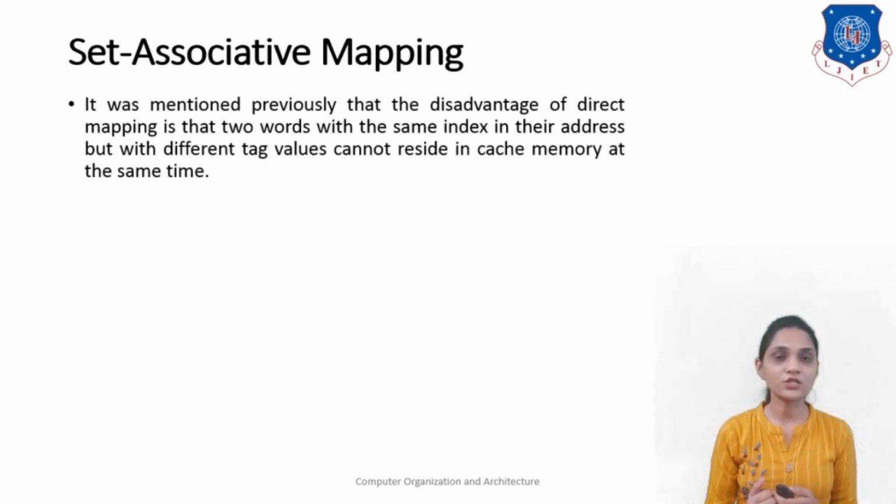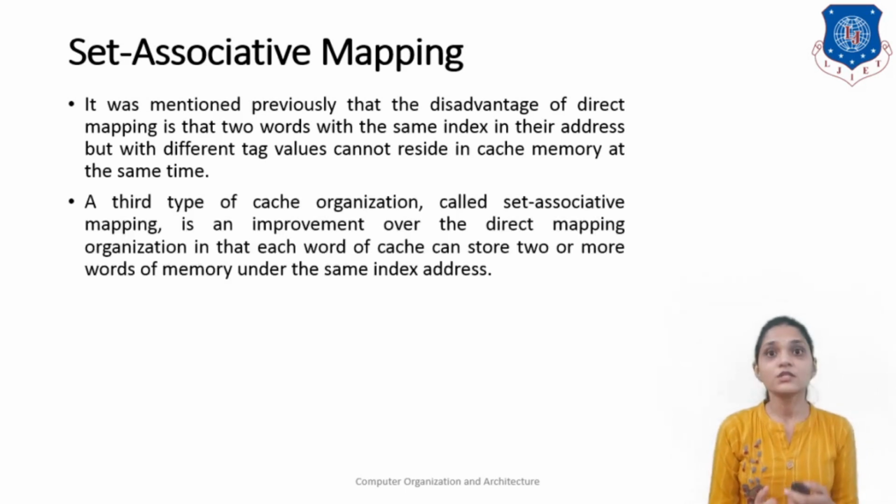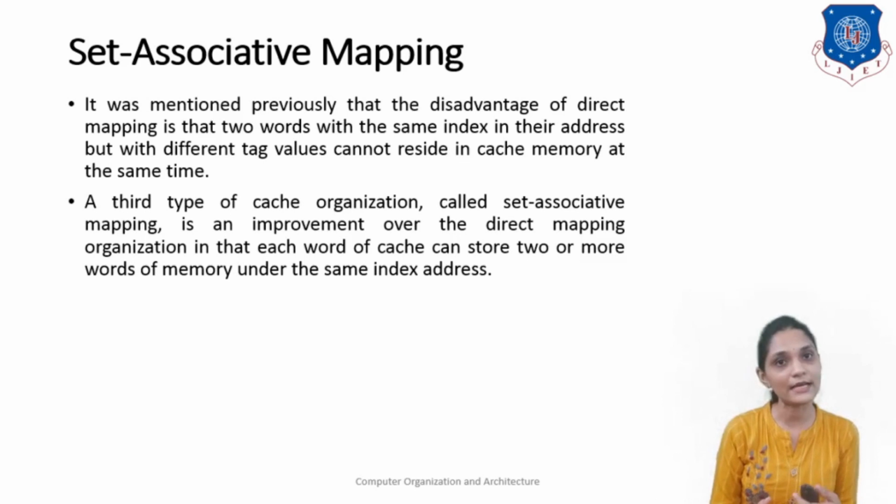It was mentioned previously that the disadvantage of direct mapping is that two words with the same index in the address but with different tag values cannot reside in the cache memory at the same time. So a third type of cache organization, known as set associative mapping, is an improvement over the direct mapping organization in that each word of the cache can store two or more words of the memory under the same index address.